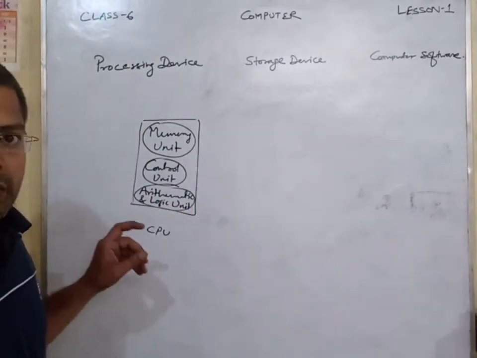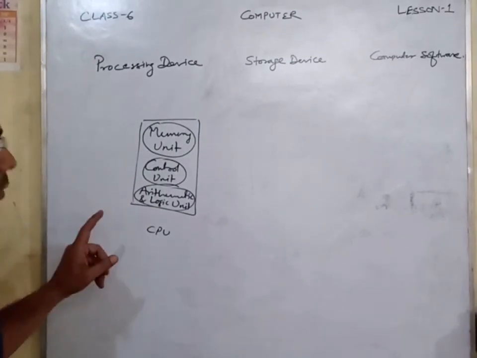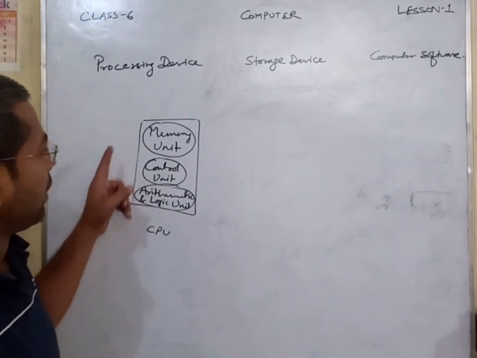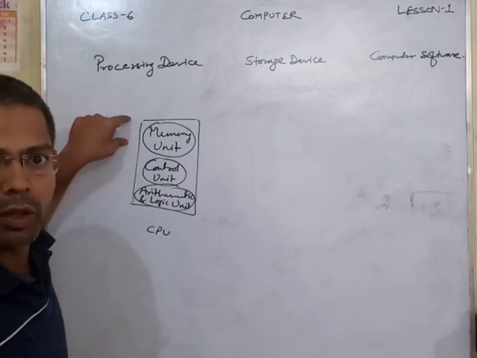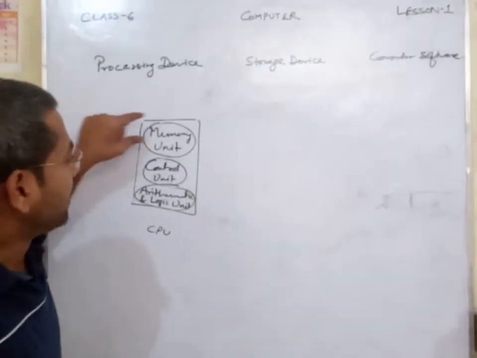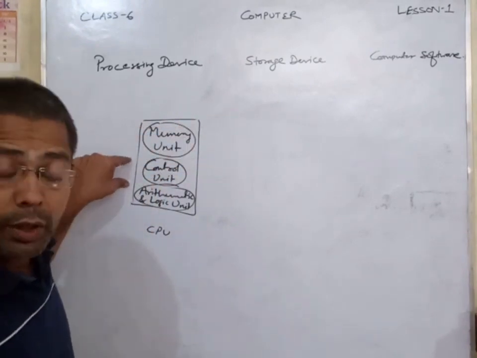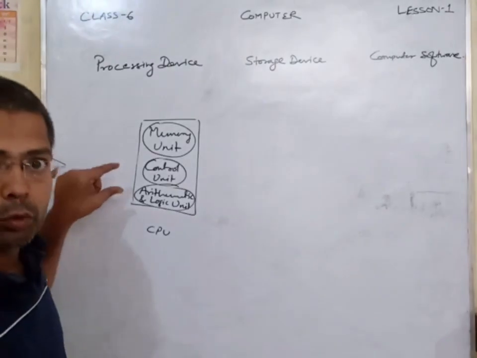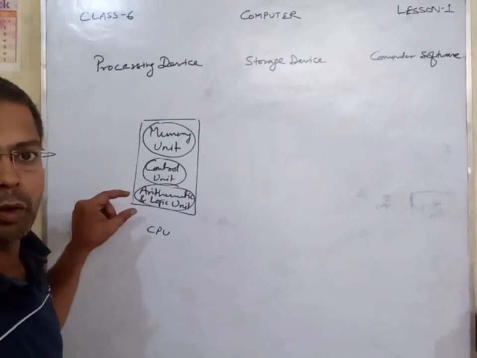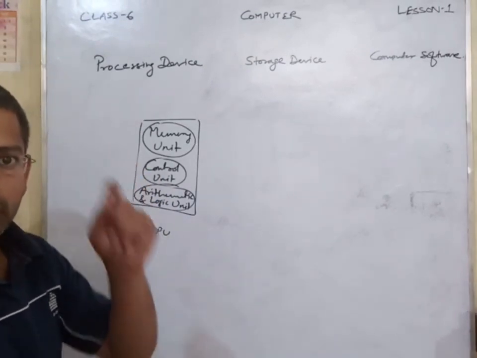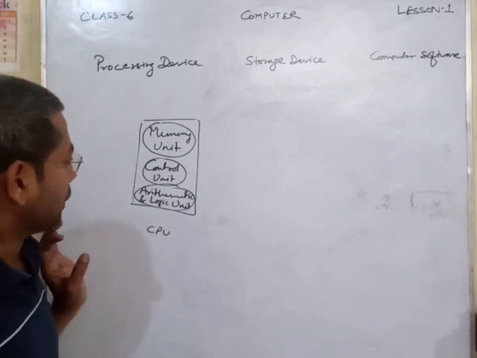When we discussed the last topic, IPO, input processing output, it also clarified the memory unit, control unit and arithmetic logic unit. The memory unit controls the memory part of the computer. It is further divided into two parts, as described yesterday also. The control unit controls the operations performed in the computer, whereas the arithmetic and logic unit performs the arithmetical and logical calculation over the given data by the user.